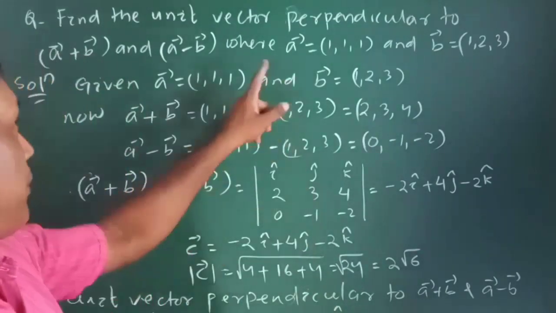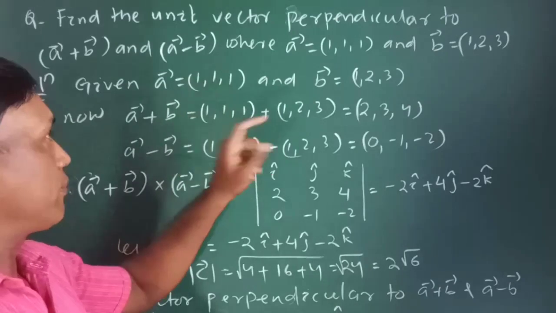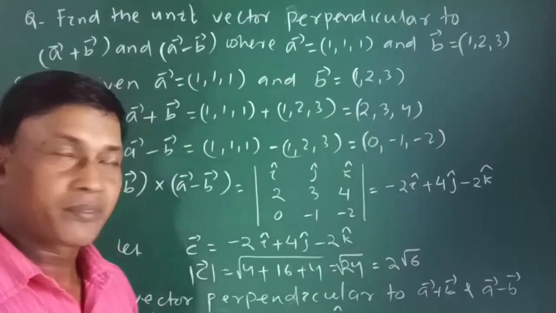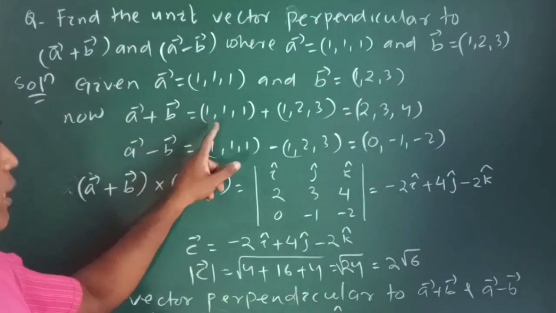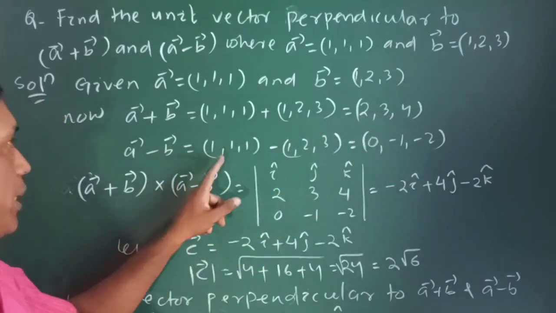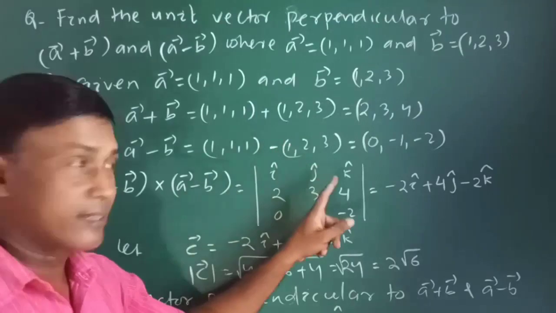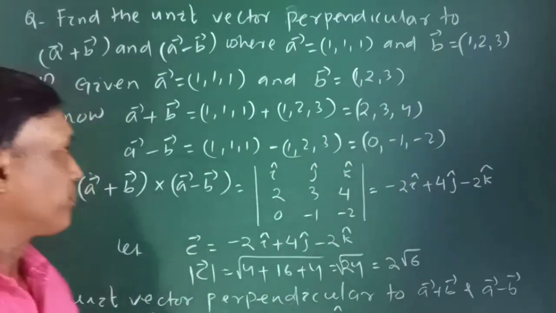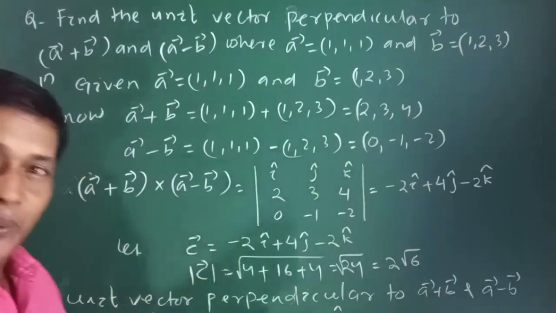Now given A vector is 2 1 1, B vector is 1 2 3. So A plus B, we can find A vector plus B vector, 2 3 4. A vector minus B vector, solving this, 0 minus 1 minus 2. Next, look at here.